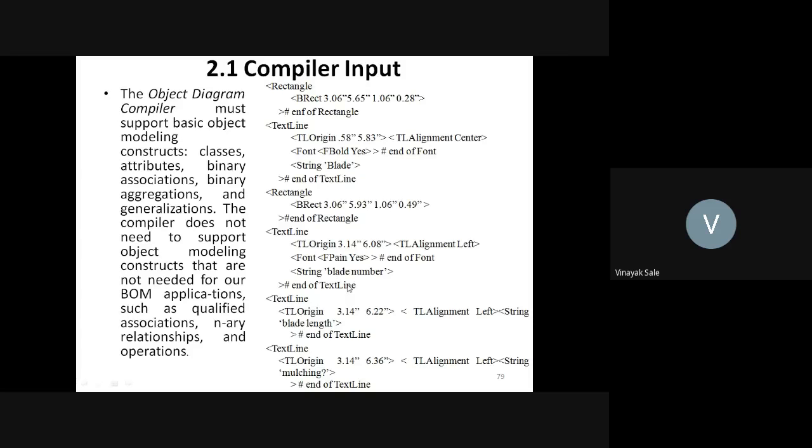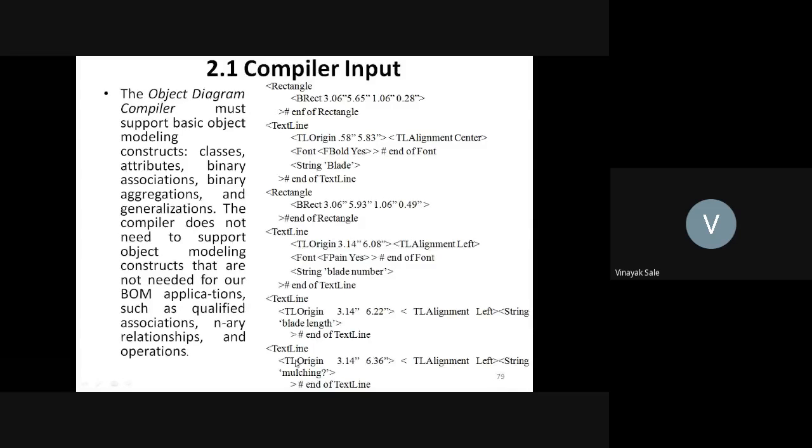Again we have taken the next text line, with origin 3.14, then 6.12. These are the x-axis and y-axis values. Then the text line alignment is left, and the string is blade length. Then end of text line.